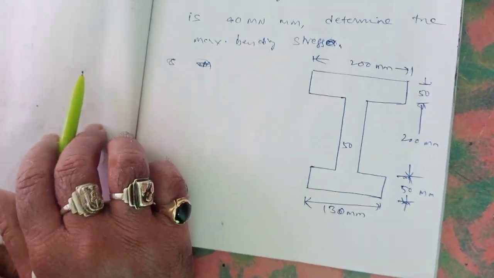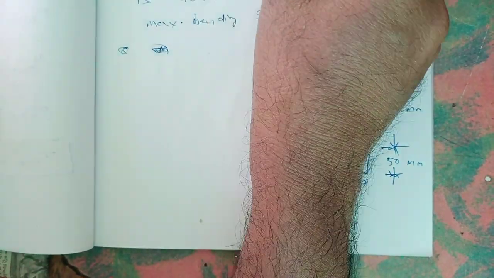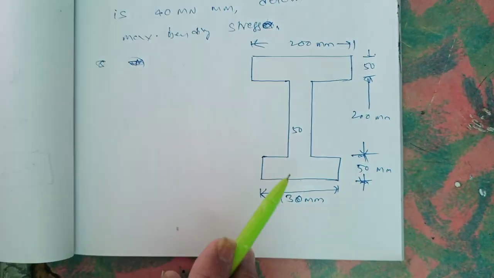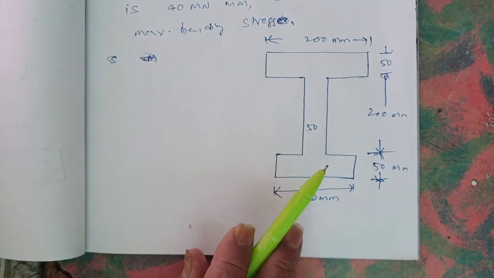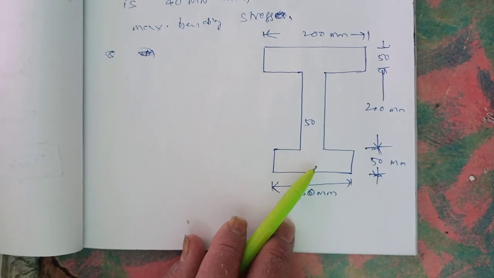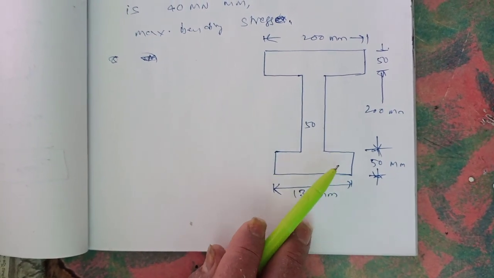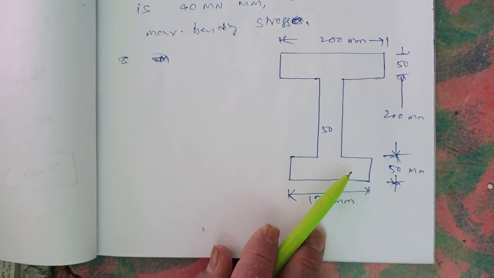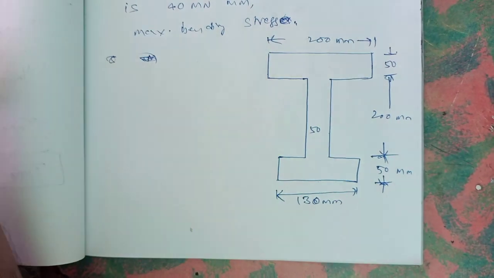A cast iron bracket subjected to bending has the cross section of I form with unequal flanges. Dimensions are shown in figure. Find the position of the neutral axis and the moment of inertia about the neutral axis. If the maximum bending moment on the section is 400 million Newton millimeter, then determine the maximum bending stress.